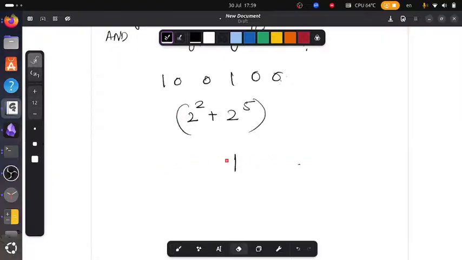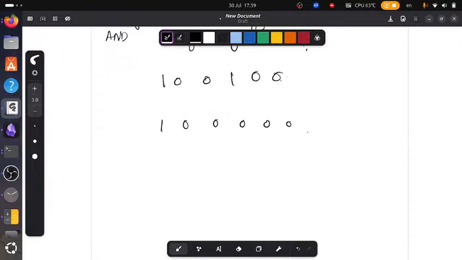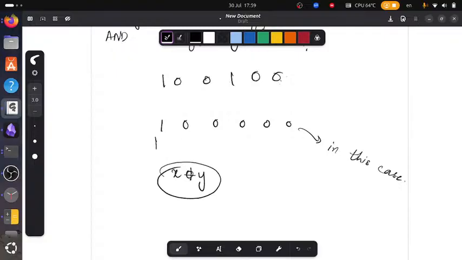Is it possible? So let's say that I have something like 1 0 0 0 0. In this case only, we can have x XOR y such that it becomes this number right here.